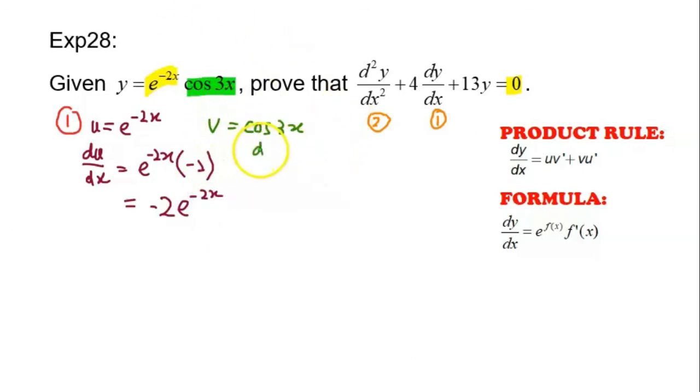Then we differentiate v with respect to x. Differentiate cos 3x equals negative sin 3x. Then differentiate the function 3x equals 3, so v prime equals negative 3 sin 3x.